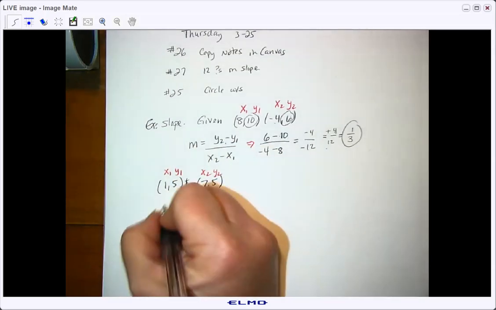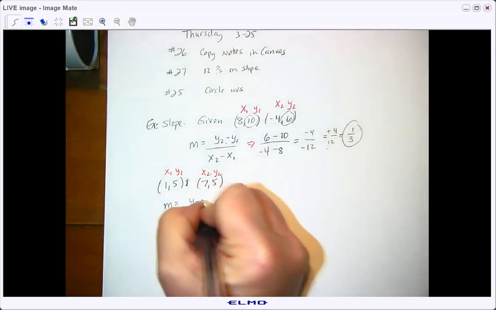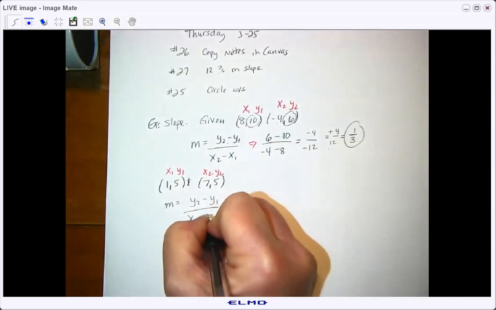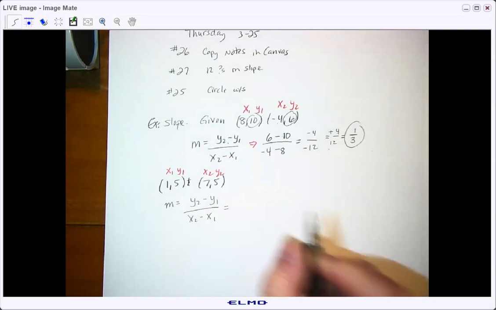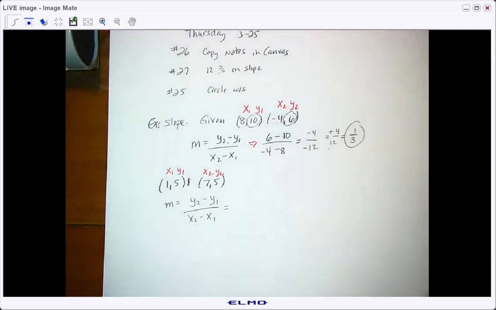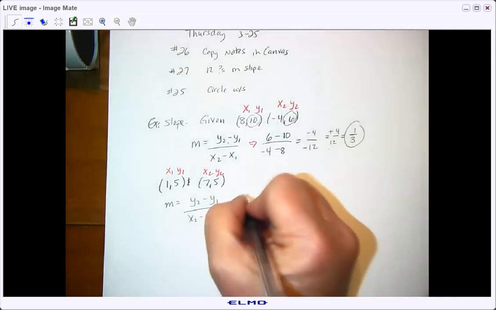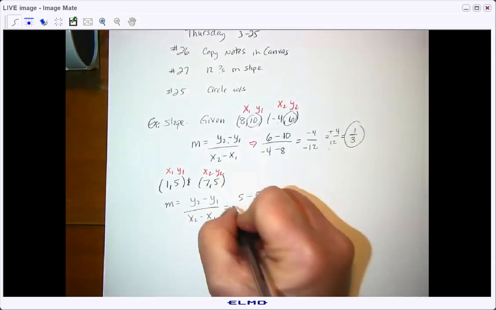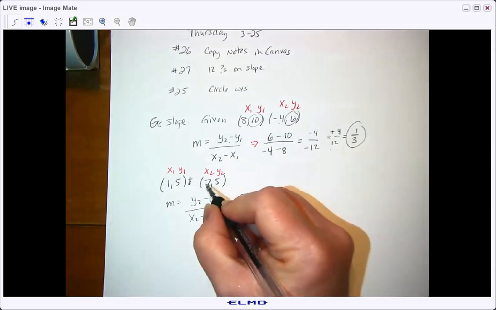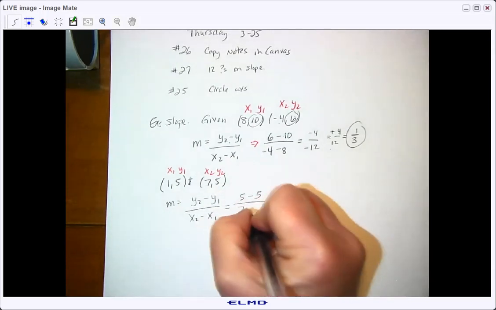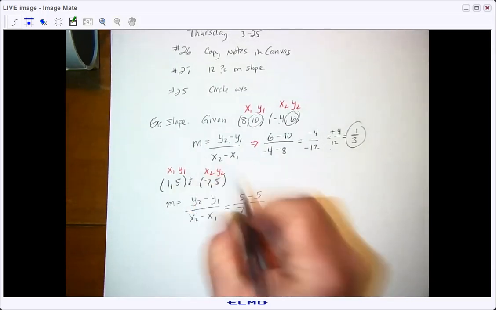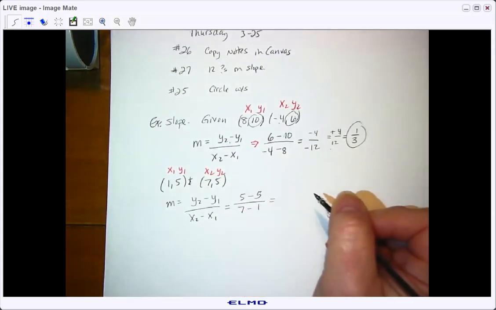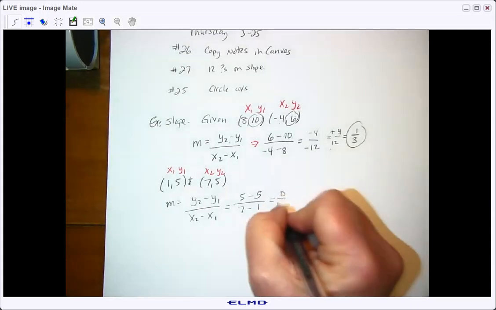In my formula again, m is equal to y2 minus y1 over x2 minus x1. And simply fill it in. So my second y value is 5. My first y value is 5. So 5 minus 5. My second x value is 7 minus my first x value, which is 1. And get 0 over 6.